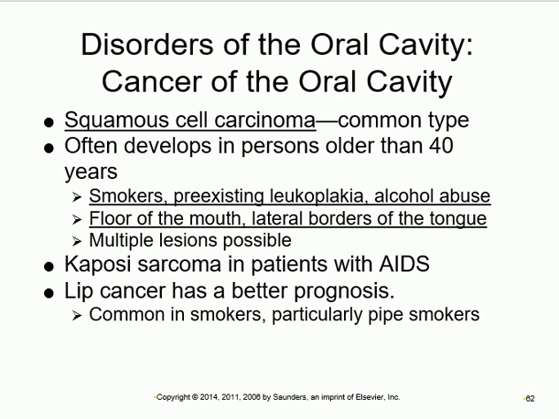Leukoplakia, these white patches that I talked about, is precancerous. A lot of alcohol can predispose to squamous cell carcinoma, and location is very important. Side of the tongue and the floor of the mouth. This is your tongue, sides, and the floor of the mouth. This is the most frequent spot for squamous cell carcinoma.